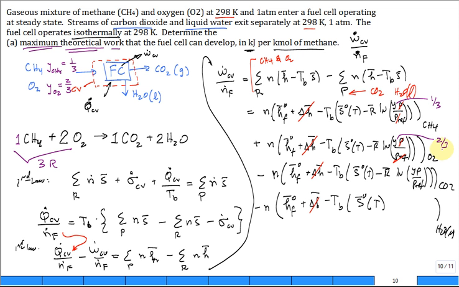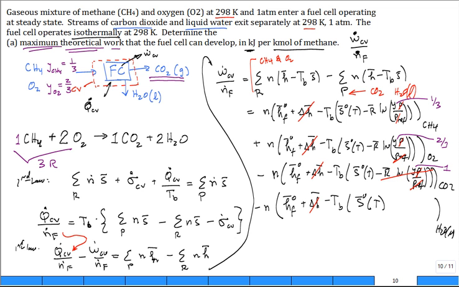But take a look at the outgoing CO2 stream. It's pure CO2 going out as gas. There's nothing else. So these P's cancel, both of them are 1 atm, and that y is 100%. And the natural log of 100% is 0. So that term is zero.